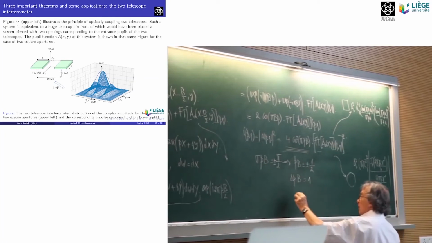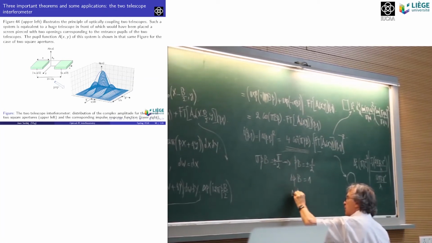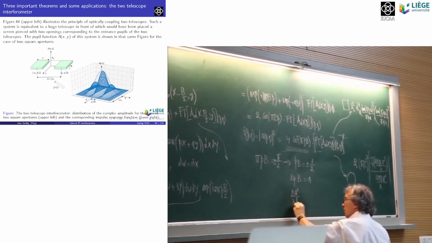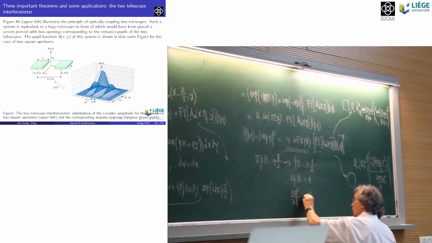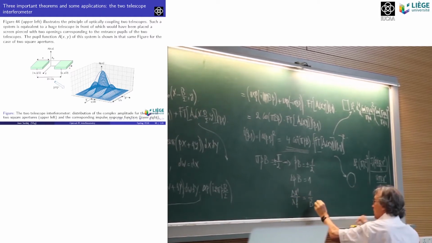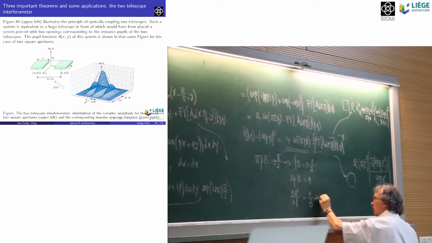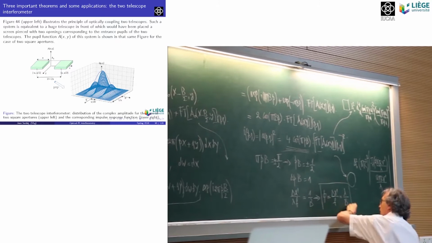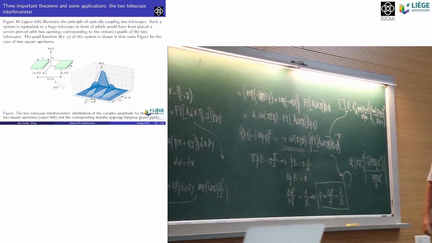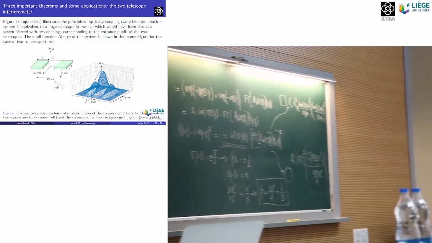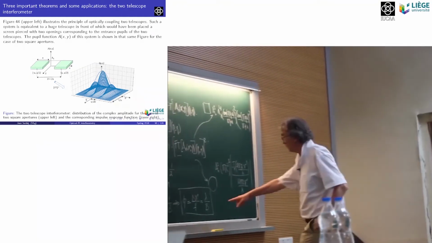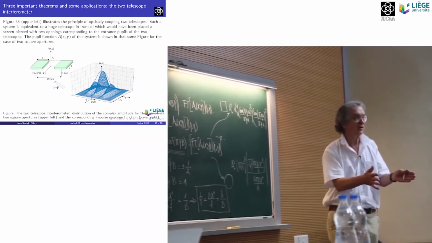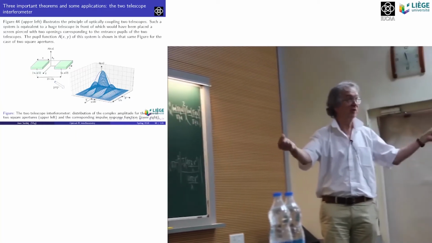Delta P, I remind you, is delta x prime over lambda f, and will be equal to 1 over B, which means that the angular resolution of the interferometer, phi, will now be equal to delta x prime over f, which is equal to lambda over B. So we find that the angular resolution of an interferometer is inversely proportional now, not to the diameter of the aperture, but to the separation between the two apertures.